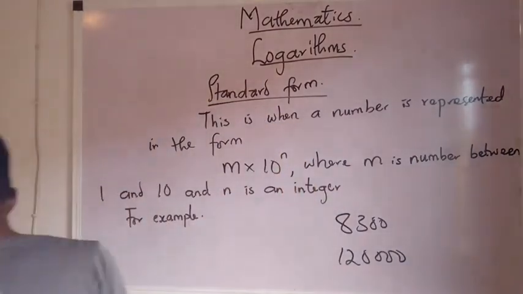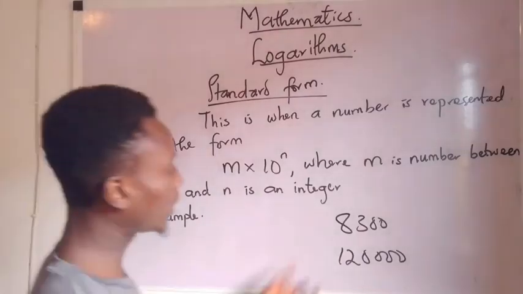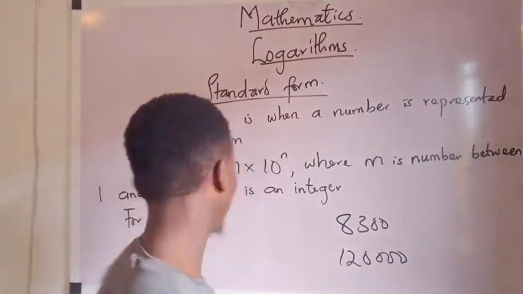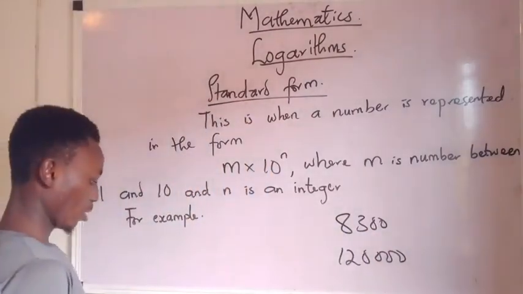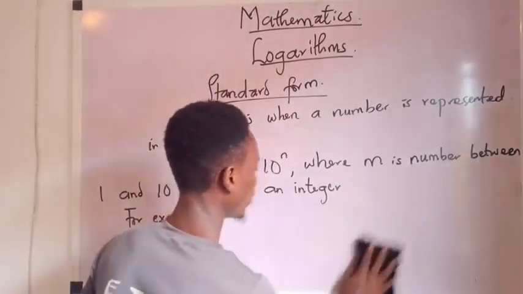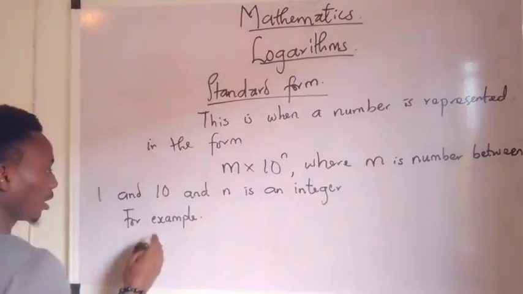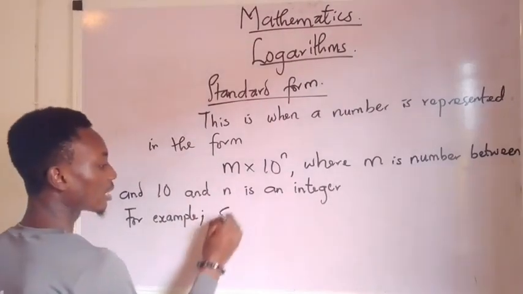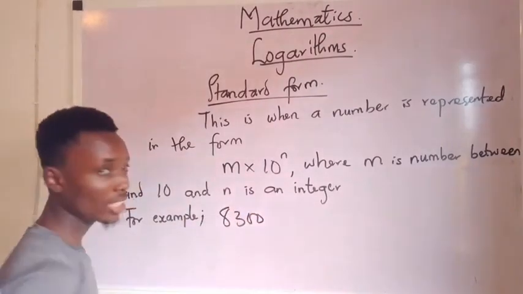Now, if we are to represent this in standard form, how do we represent it? So very quickly, we have 8,300, right?